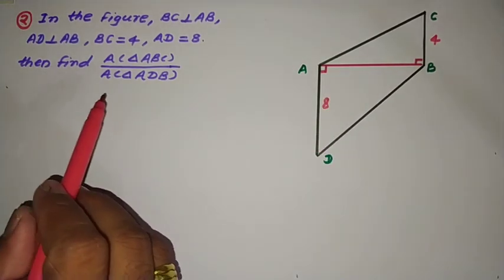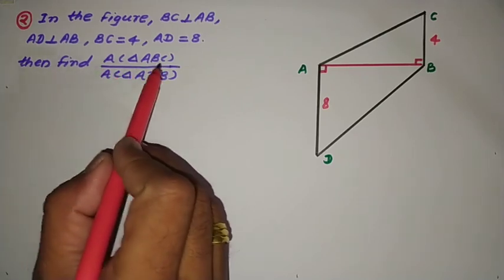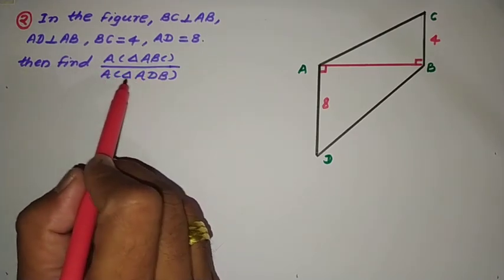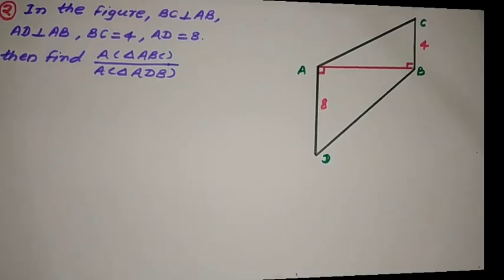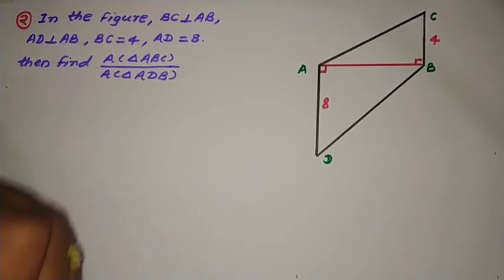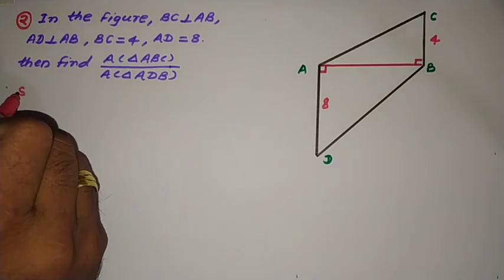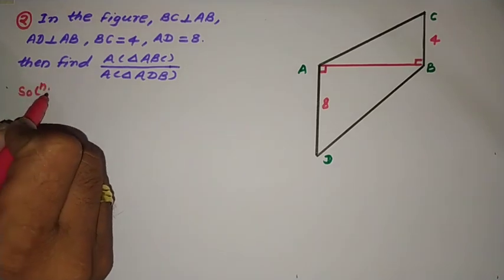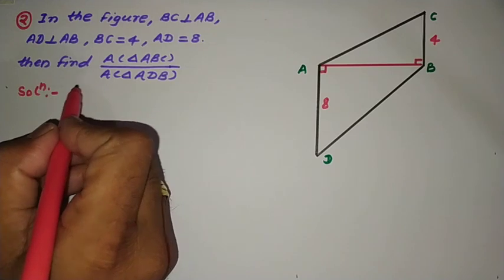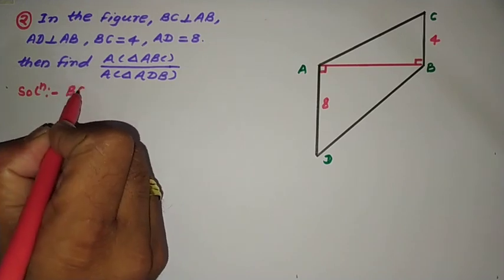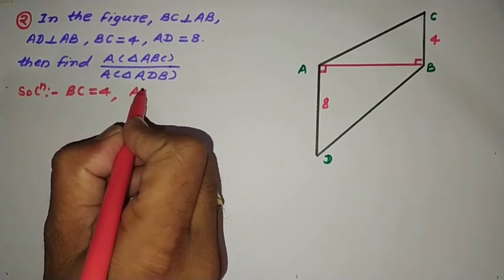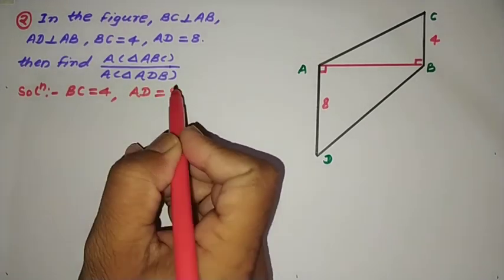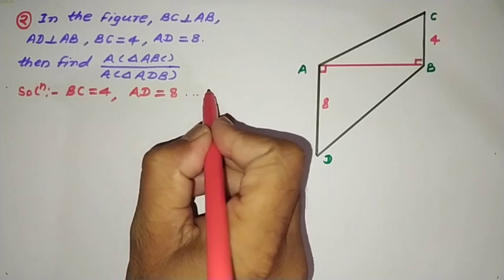Then find the ratio of area of triangle ABC upon area of triangle ADB. Solution. Here BC is equal to 4 and AD is equal to 8. This is the given.